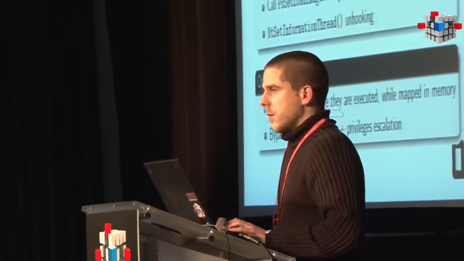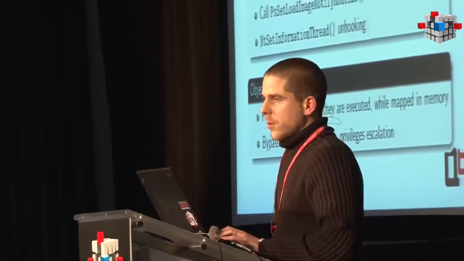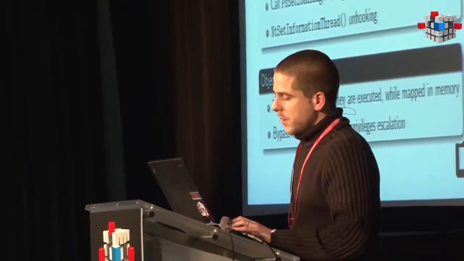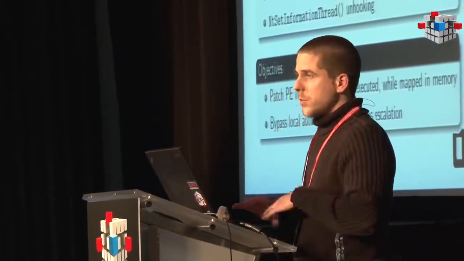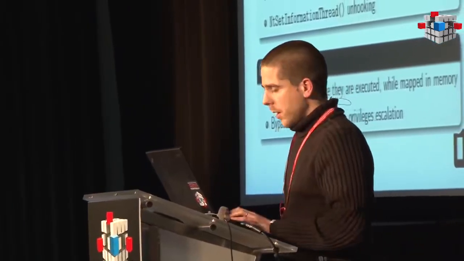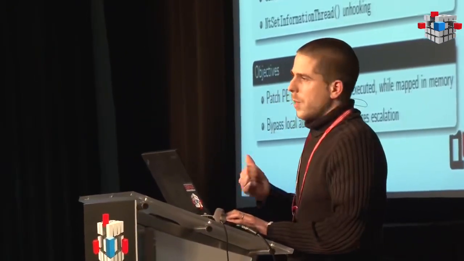And next, in this code, I can now call PsSetLoadImageNotifyRoutine to deploy the final payloads. So the first one bypasses local authentication, and the second one does a privilege escalation. So now let's go with the payloads.